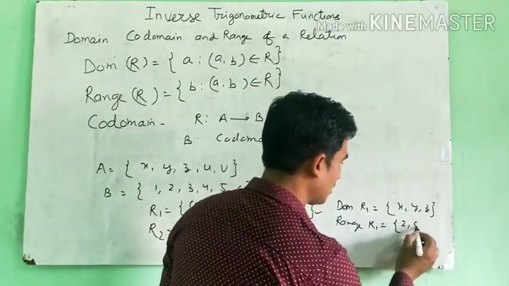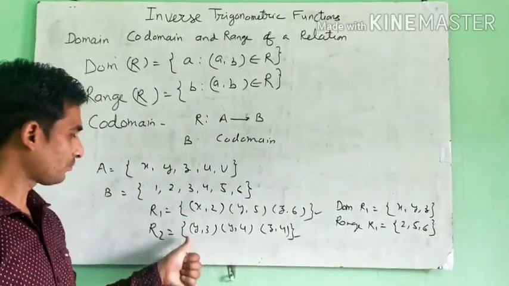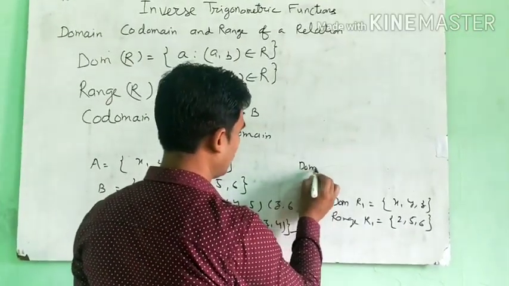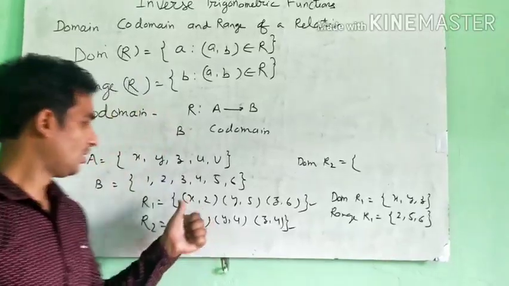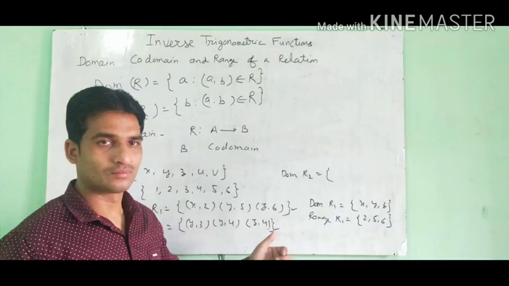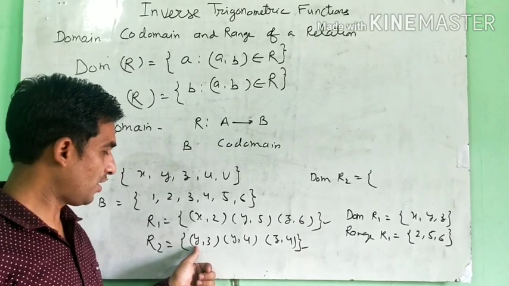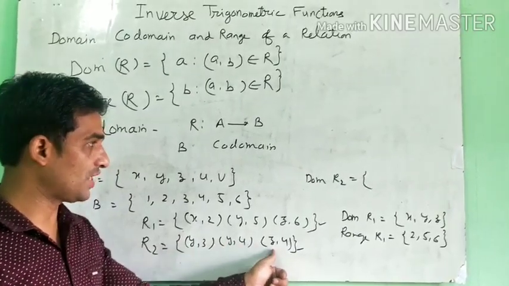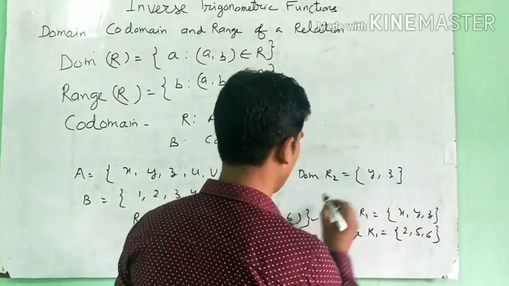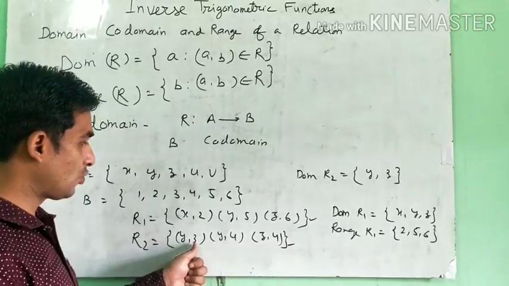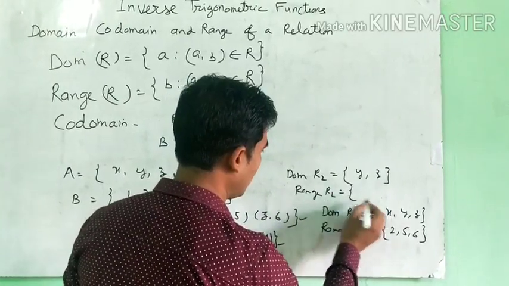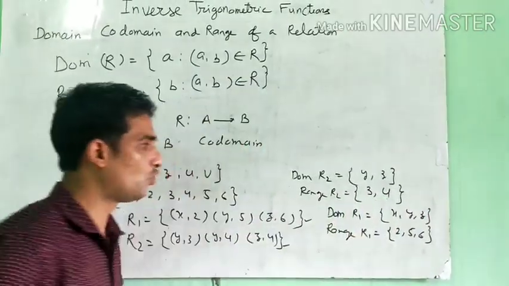The domain of R2 is the set of all first elements, that is Y, Z, and the range of R2 is 3, 4.